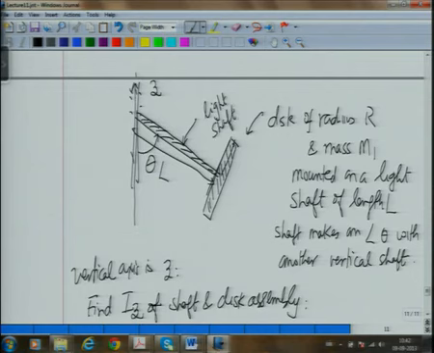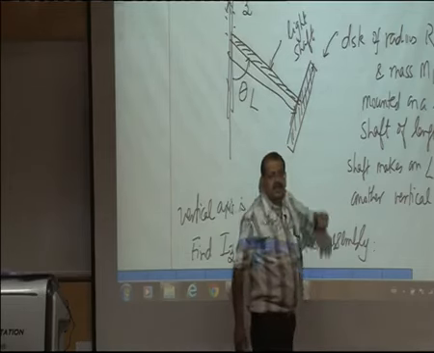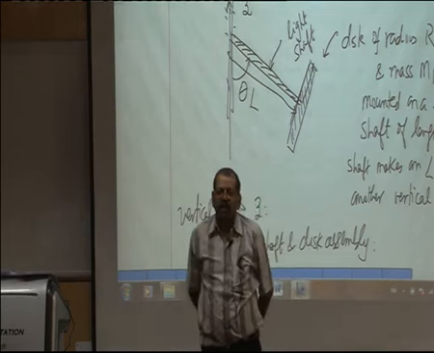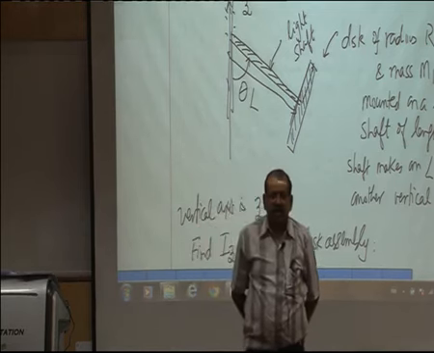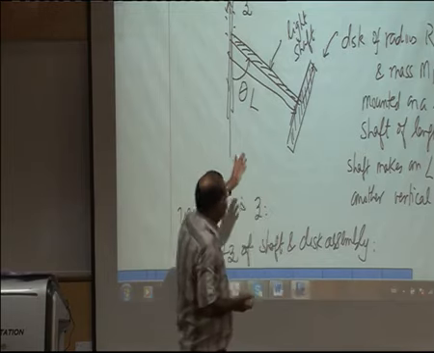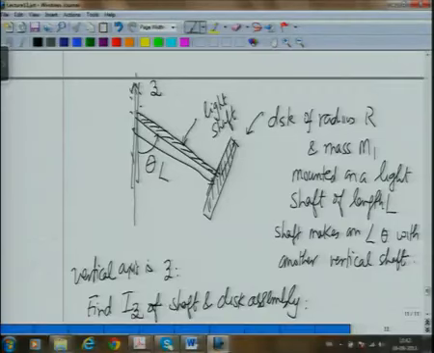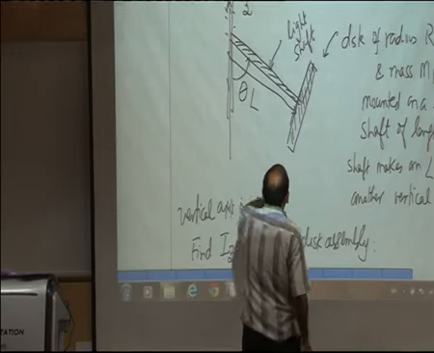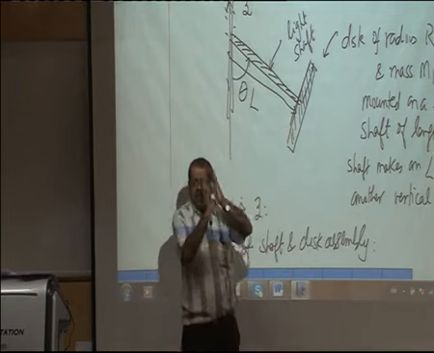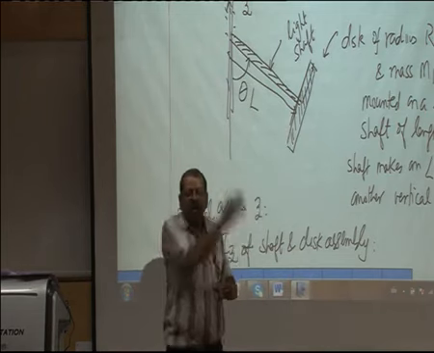We have to find I about Z, that means about this vertical axis of this disk. How will we do this? So now what do we know? Let's start with it. Obviously we know the shaft is light, so its moment of inertia will be 0. No contribution from the light shaft, only contribution will come from the disk. So half out of 10 if you talk in terms of marks in the exam. Okay. So now we have to find Izz of this disk about the Z axis.